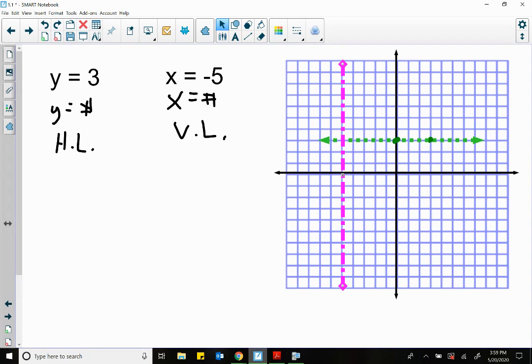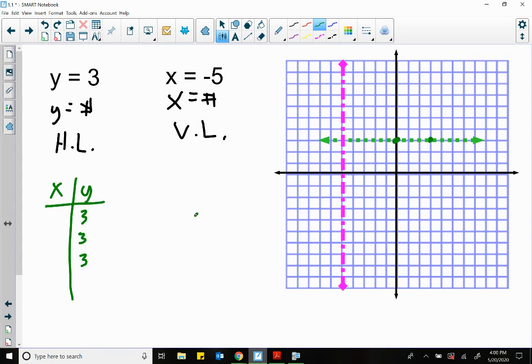That's it. Now, let me explain why these are the way they are. So let me give you the mathematical version first. So for your y equals 3, what this is telling you is that all y values have to be 3, no matter what.